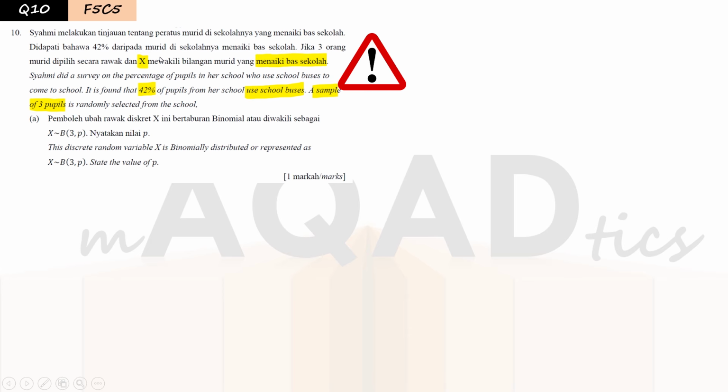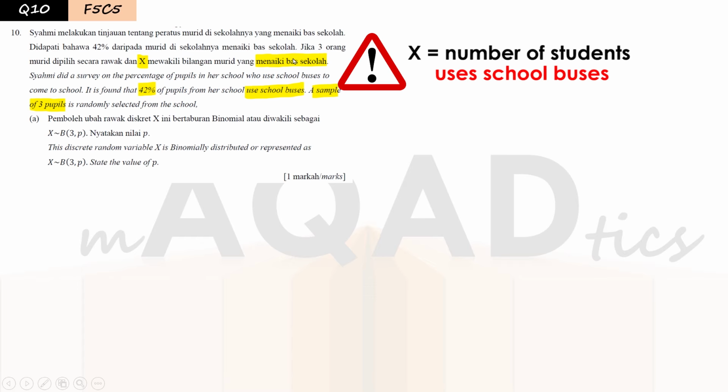So it says that the value of X here represents the number of students who use school buses. Okay, X is the number of students that use school buses. So in part A it says that this value of X is binomial distributed, or represented as such.